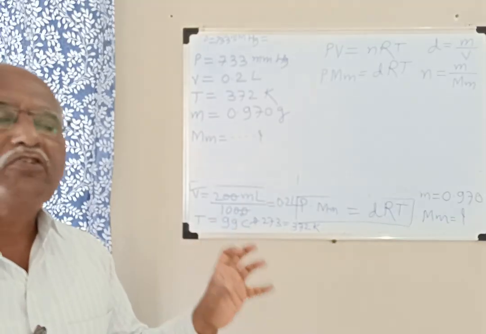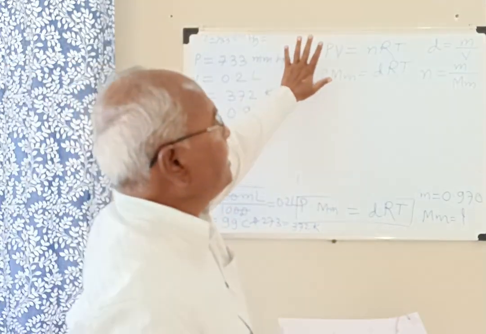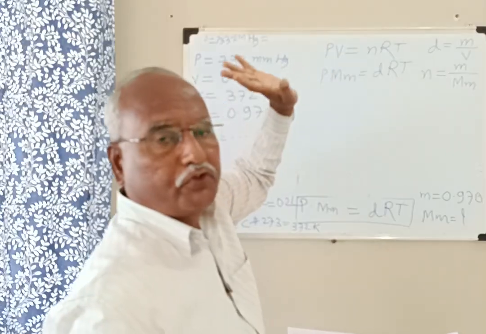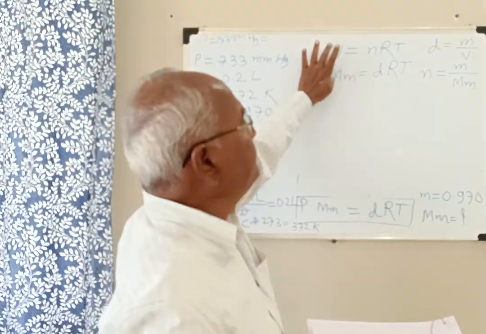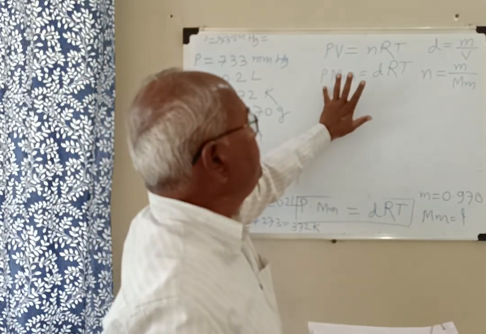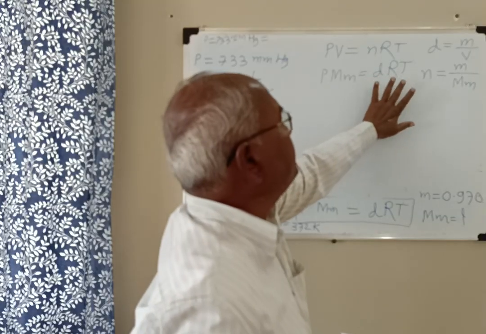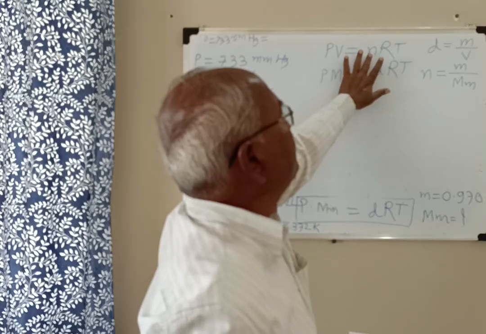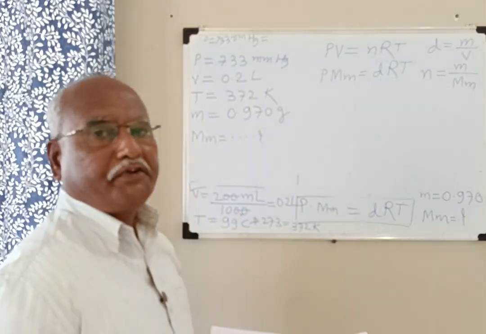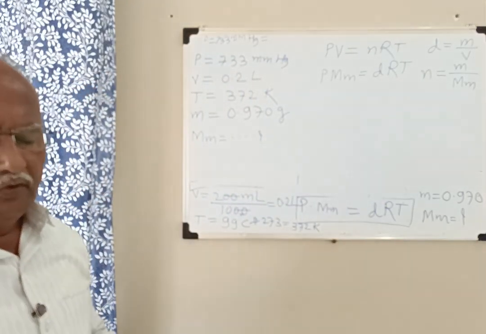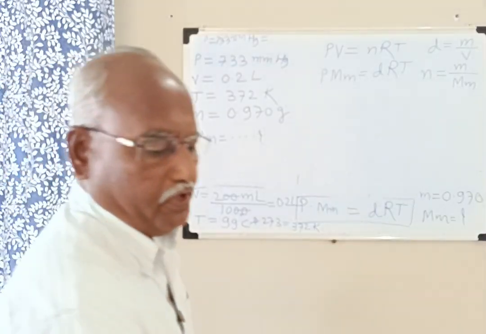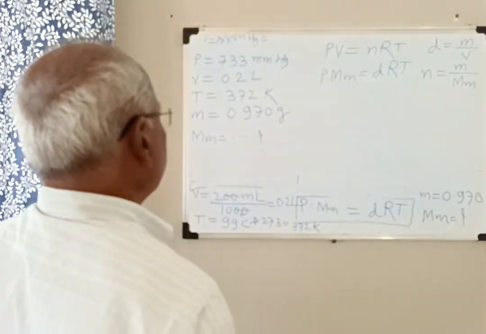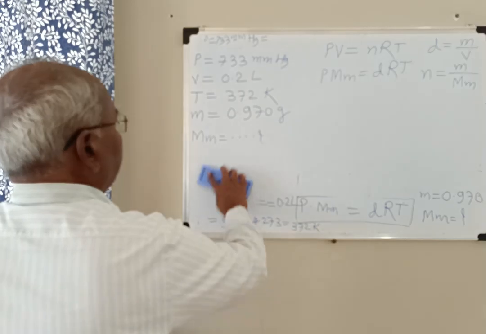Then you will recall the formula to be used: PV is equal to nRT, PM is equal to dRT. You know how density is determined, how number of moles is determined. If it is clear, I am going to solve the problem.